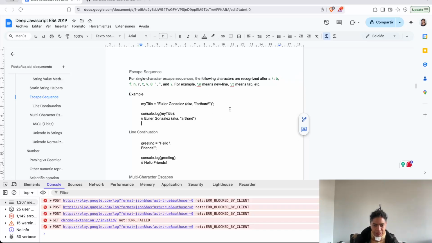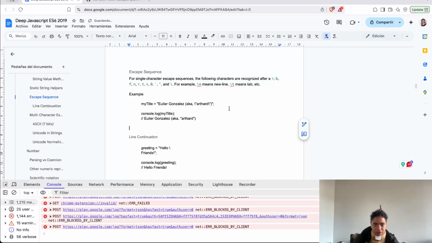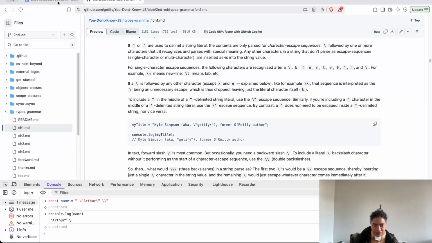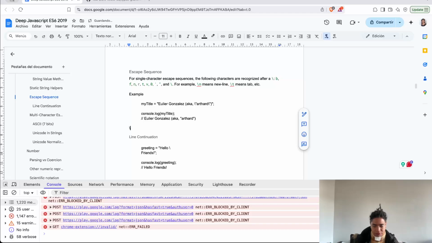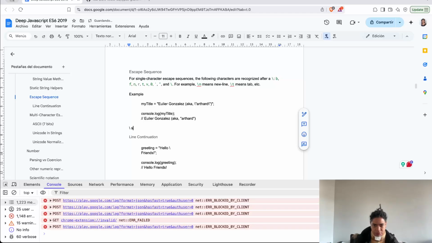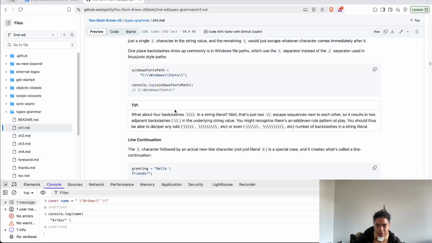To escape characters. And the other is to escape now the double slash here. Exactly. To escape a single, use double. Exactly. Use double that.